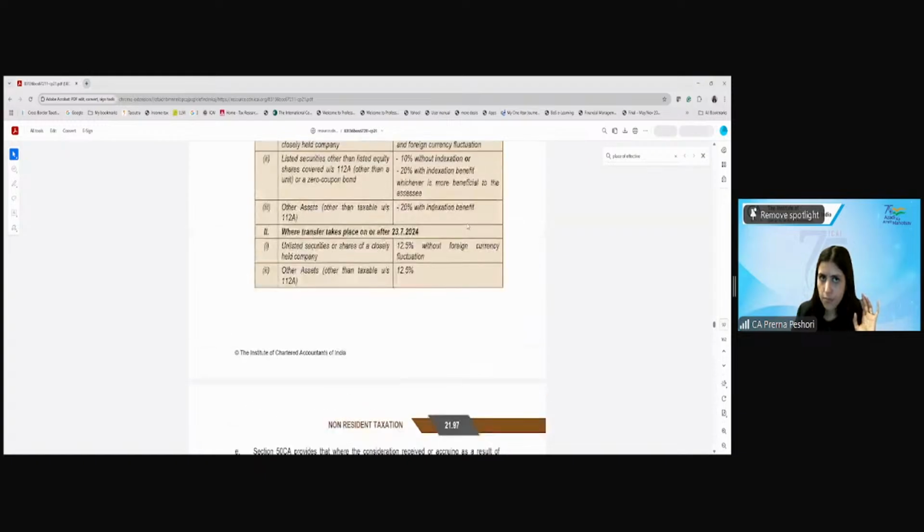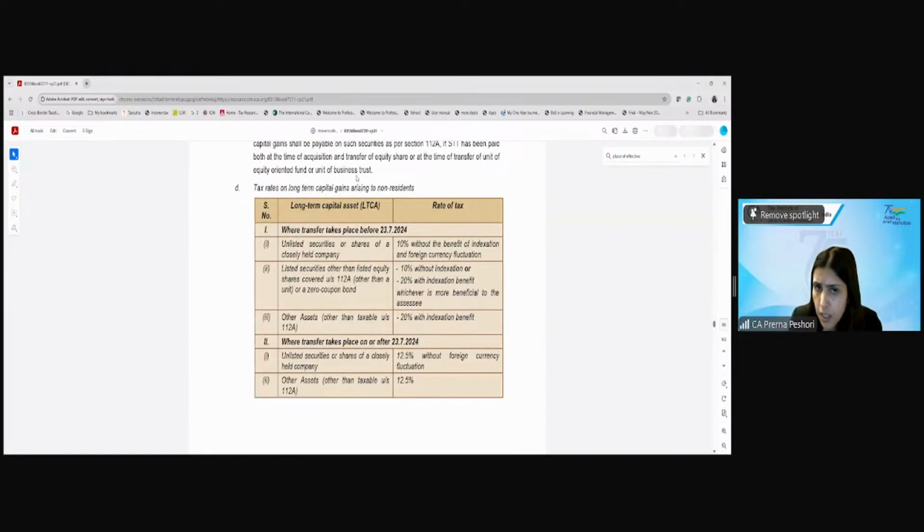So, if you look at this table, when you transfer the listed securities, in that particular case, you will get the benefit of the first proviso to 48 only when it is not covered under 112A.